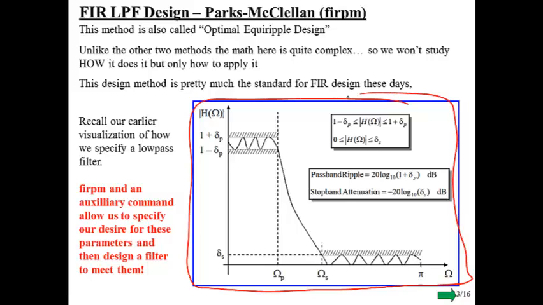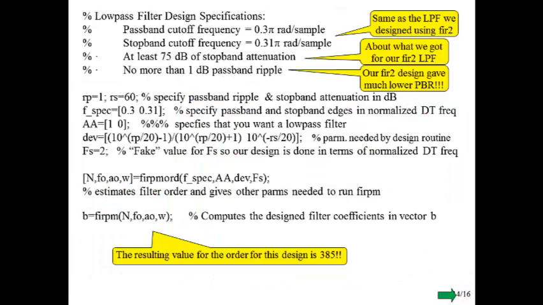And what it does is it allows us to specify how much ripple we want, how much stop band attenuation, and where our pass band and stop band cutoffs are. Now there's an auxiliary command called FIRPM that allows us to tell it what we're trying to achieve, and it will give a best estimate of what the order of the filter should be. So this is a really nice design method.